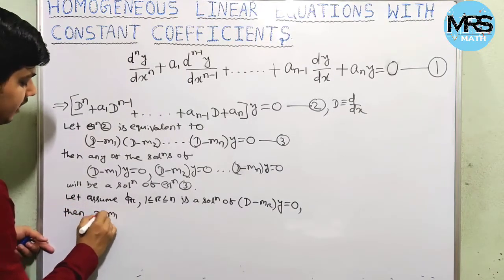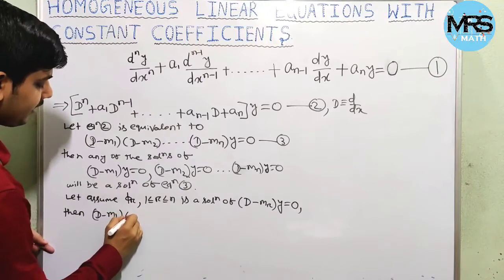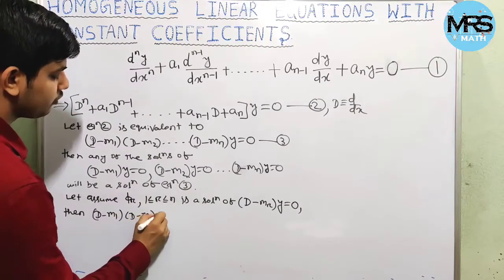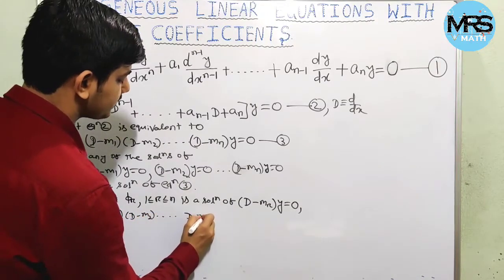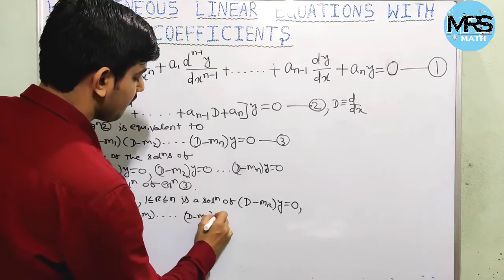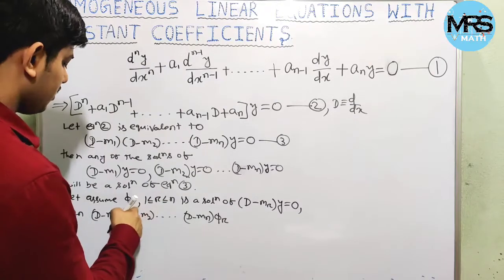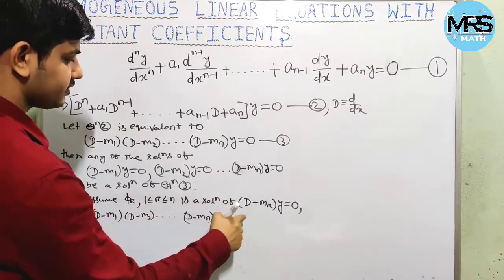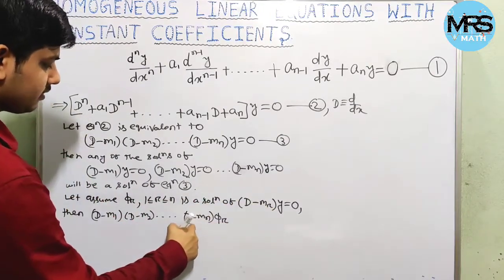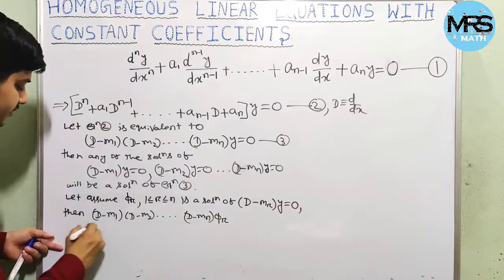D minus m1 into D minus m2 up to D minus mn, phi r, because phi r is a solution of this, so we can replace y with phi r.